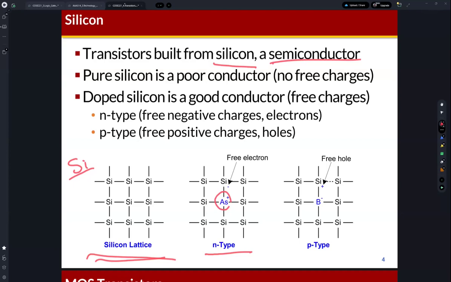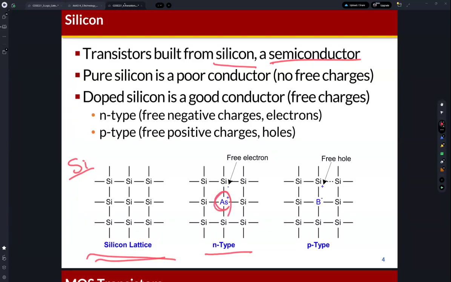In this example, we include arsenic, and this arsenic includes more electrons.